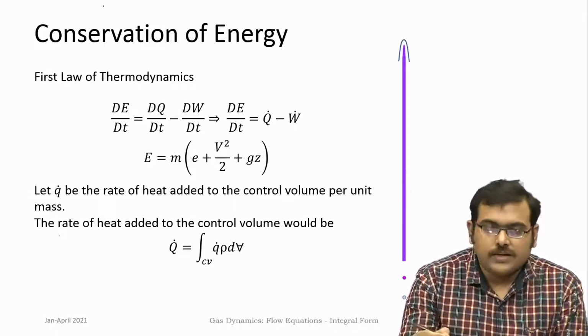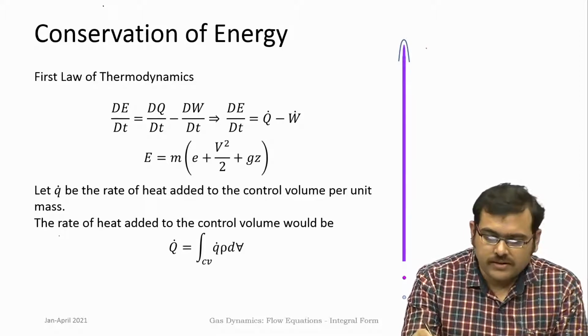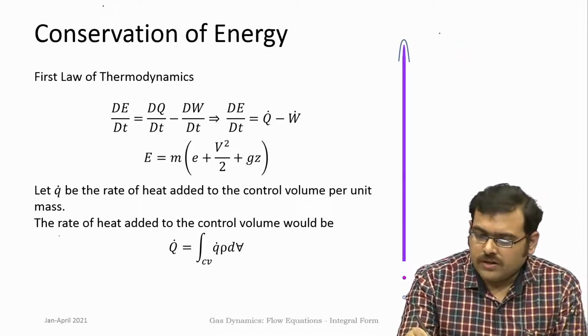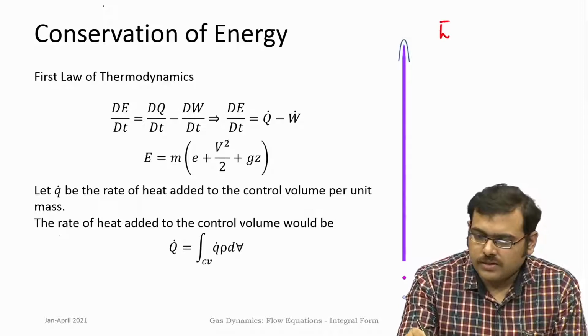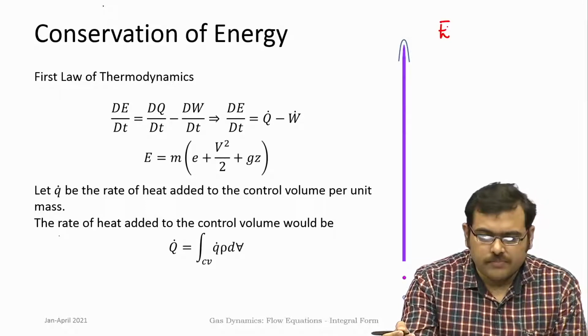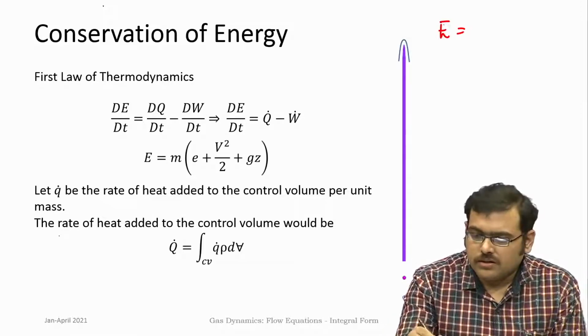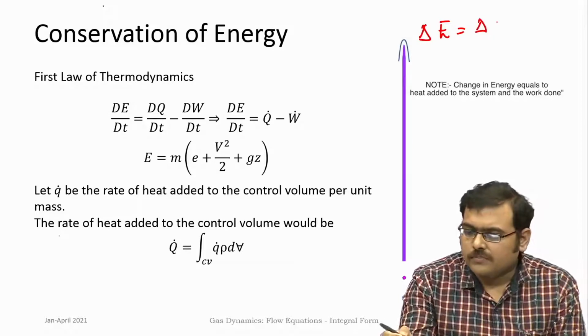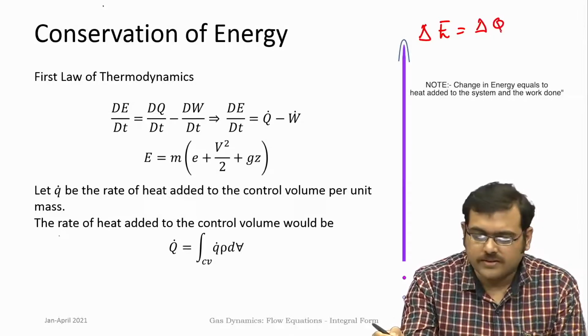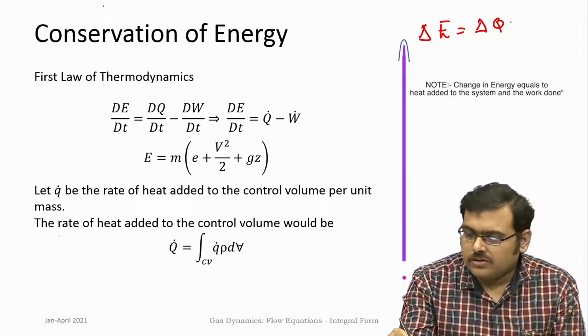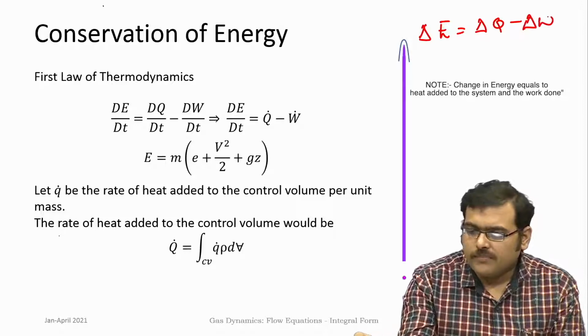Now, what we consider is the total energy here, and we know from the statement of the first law of thermodynamics that the change in energy is equal to the rate of heat added to the system and the work done. Okay.